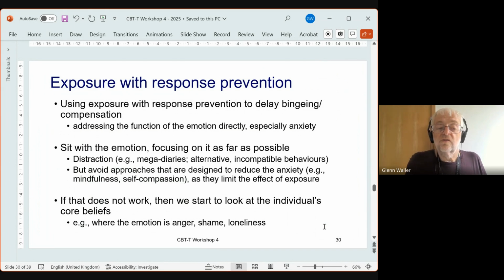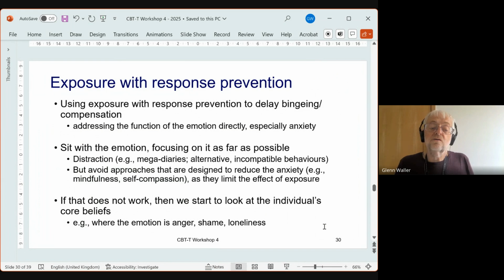But where there is emotion, what we really want to do is keep the anxiety in the person's head. So instead of blocking out the emotion, we'll have a relaxation class or let's do some mindfulness. We actually want the patient sitting there thinking, how does my body feel, etc. How do I cope with this?